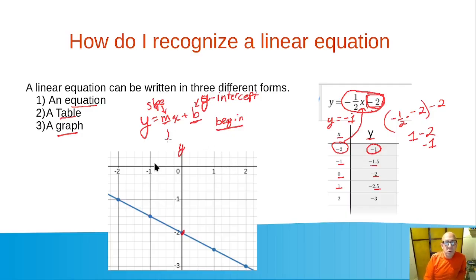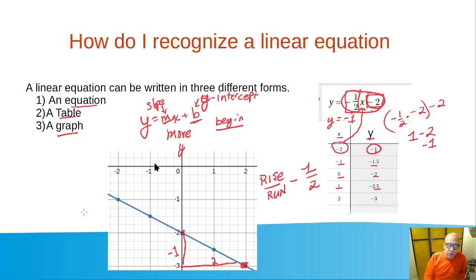Then we are going to move the slope. So we take the slope, which in this equation is negative 1/2. That means in our rise over our run, we are going to do negative 1 over 2. So we're going to go down 1 and over 2 and put another point. And that's the next point that is on the grid.